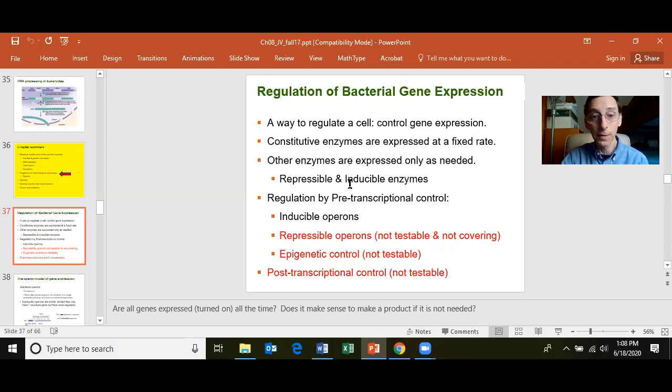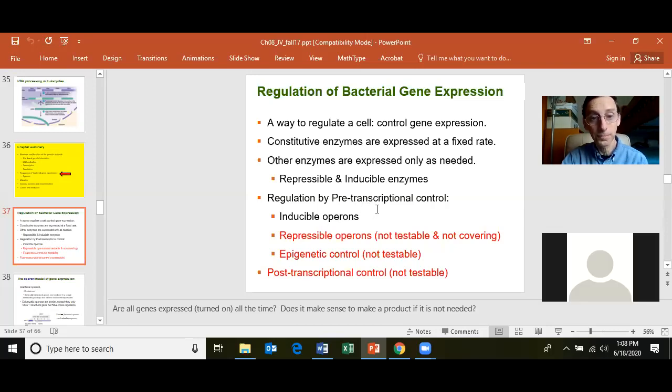There are other genes which are expressed only when they're needed, such as repressible and inducible enzymes. When the cell doesn't want this enzyme around, it turns the gene off, and when it wants the enzyme, it will turn on the gene. There are two ways to do that, two ways of pre-transcriptional control, meaning you can turn the gene off or on.